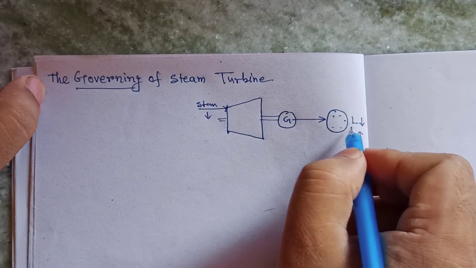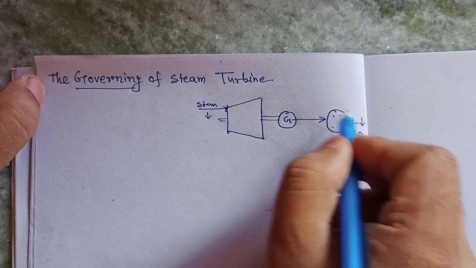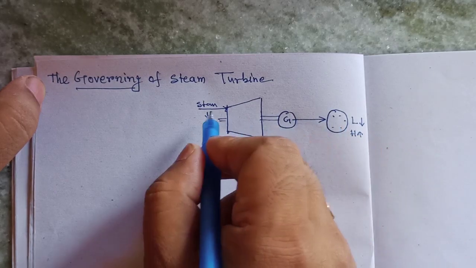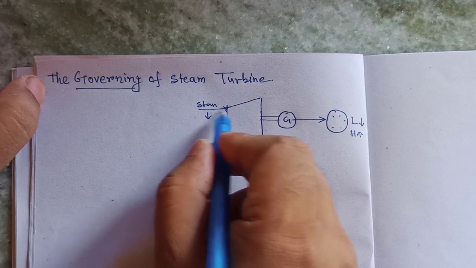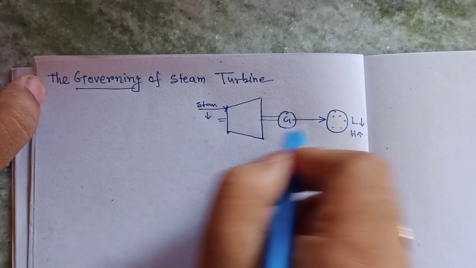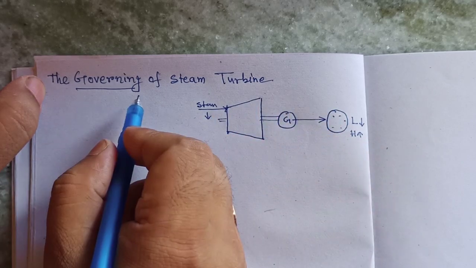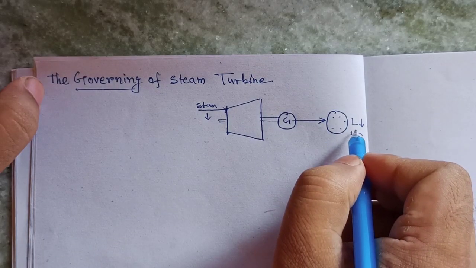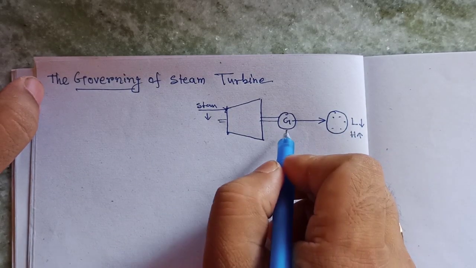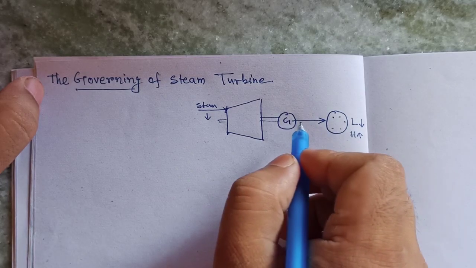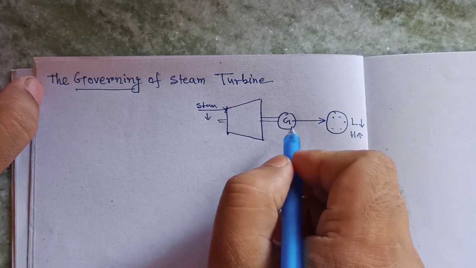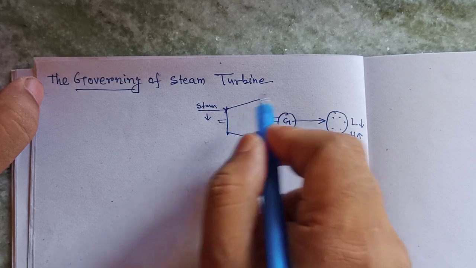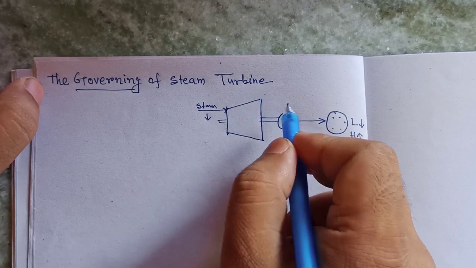And when the load is high, the generator will produce more electricity by the application of this steam. So this control can be done by the governing. Actually what happens is, when the load is low, the generator back EMF will reduce, and the turbine will try to rotate at higher speed.